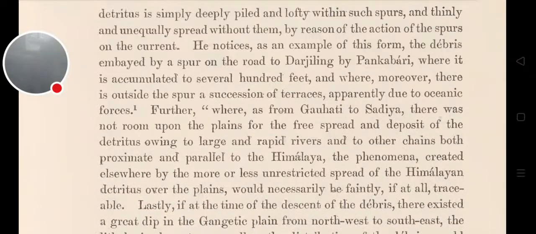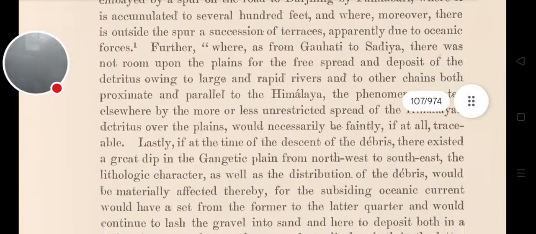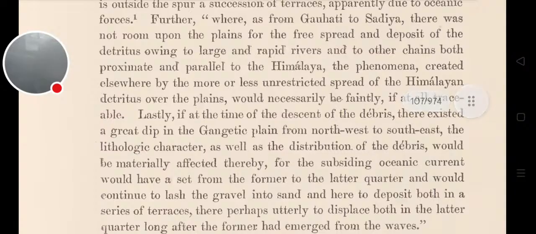Further, whereas from Gauhati to Sadia, there was not room upon the plains for the free spread and deposit of the detritus, owing to large and rapid rivers and to other chains, both proximate and parallel to the Himalaya, the phenomena created elsewhere by the more or less unrestricted spread of the Himalayan detritus over the plains would necessarily be faintly, if at all, traceable.